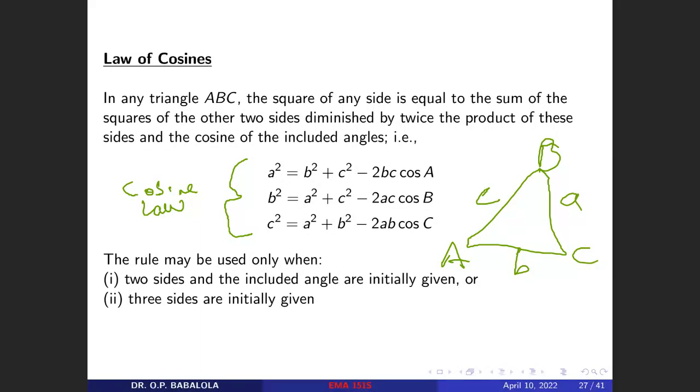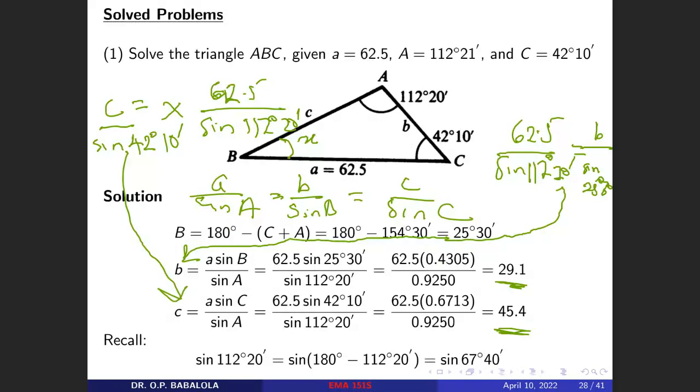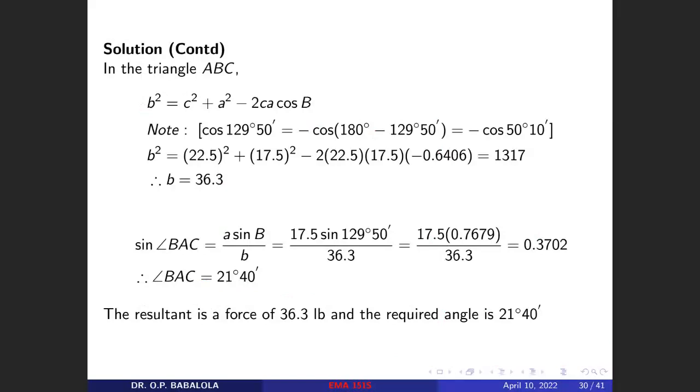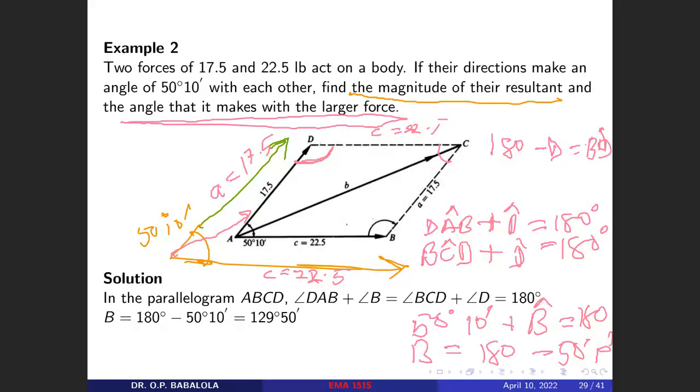In this case, we already have two sides given with the included angle, so we can easily use our cosine law. What sides are we looking for as the resultant? Is B, this. Let me draw this out again. I'll clean this so you can see.